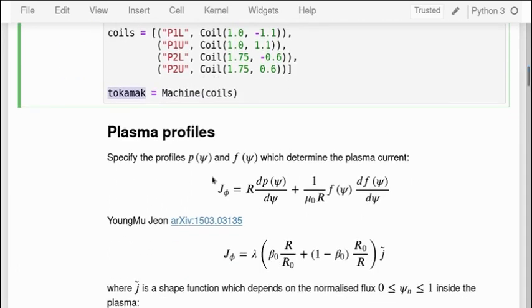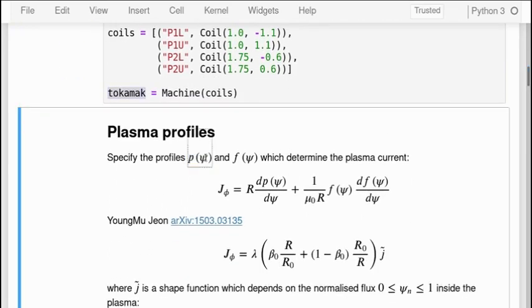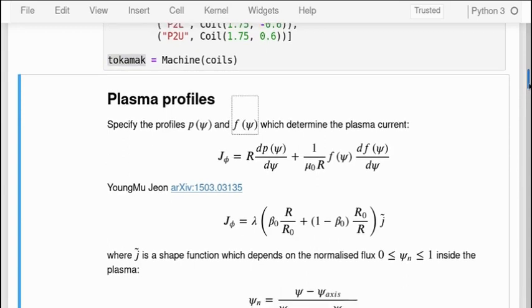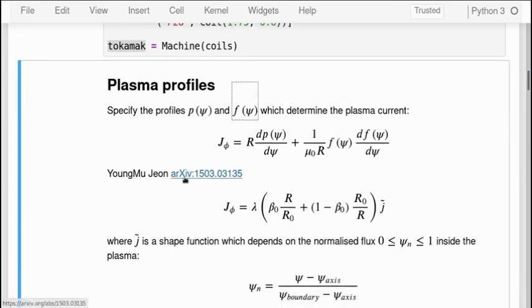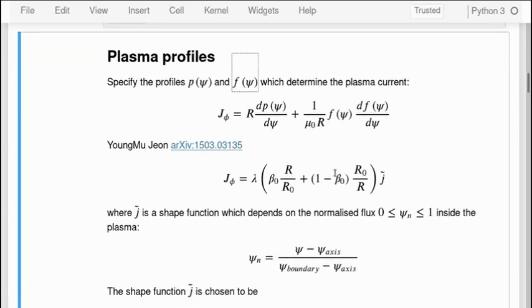Okay, so then a crucial part is to specify these profiles, pressure and poloidal current function F, which determine the toroidal current. And there's a very nice paper which explains most of these steps on this arXiv link here, which uses the same profiles. And so if you look at this function, it's a function which depends on major radius, and a function which depends on the inverse of major radius.